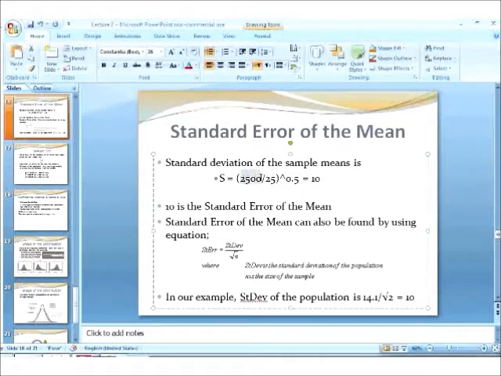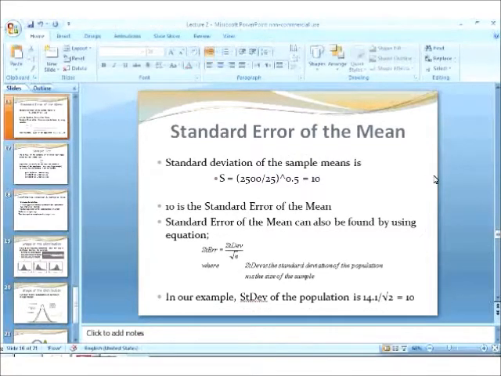This is the sum of the squared differences of the sample means from the population mean, divided by the sample size, which is 25, and then the square root of that. So the standard deviation is 10. 10 is the standard error of the mean. Is the concept clear now?